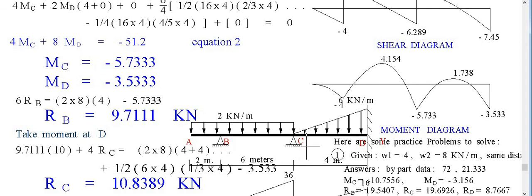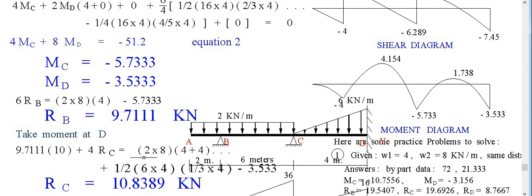This is 6 and 4, 10. Then plus 4RC. This is 4RC. Direction like that, direction like that. Then equate that to the counterclockwise direction. This is equal to 2 times 8. Again, the moment must be pivot at D.